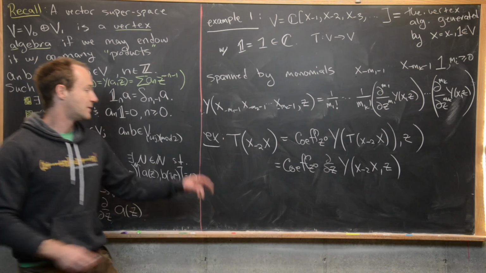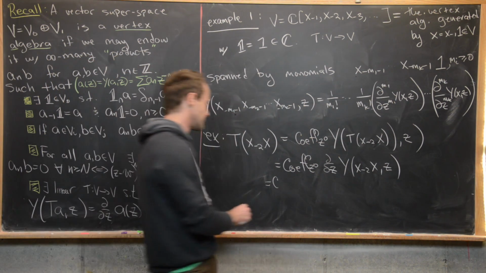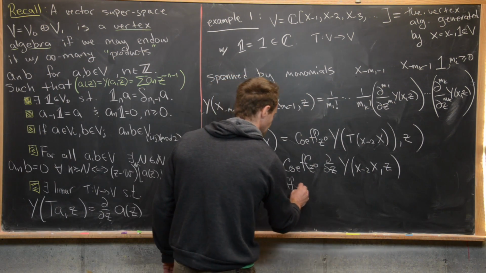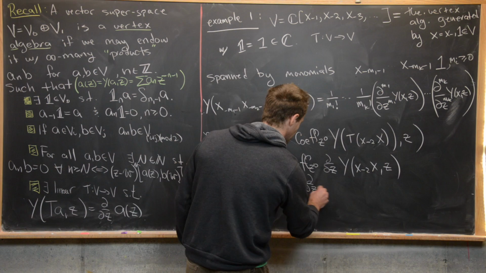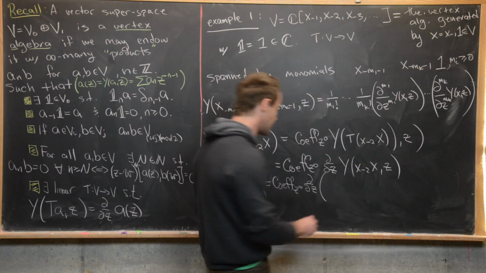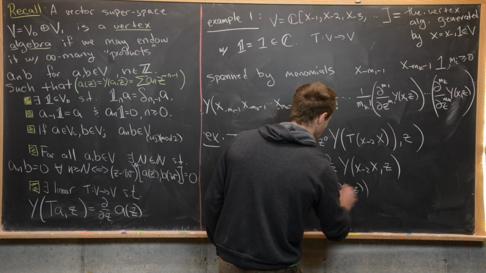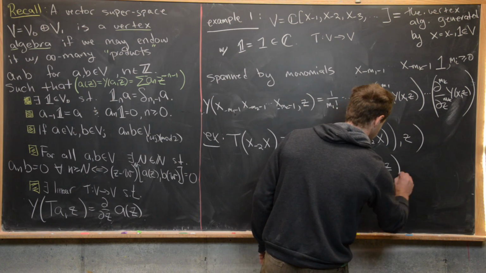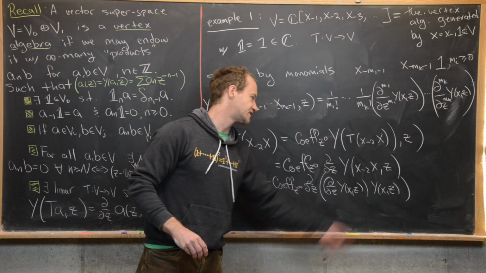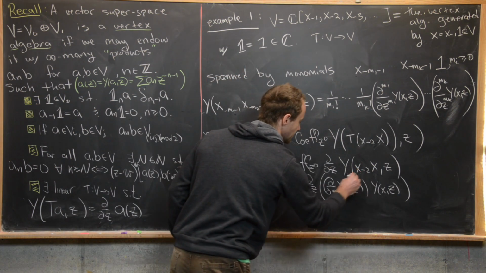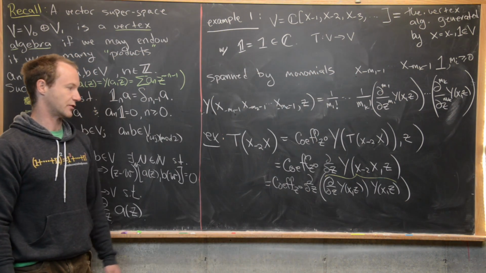Great. But the next thing we can do is split this up using our formula up here. So this is going to be the coefficient of z to the 0 power, in other words, the constant term of the partial with respect to z of y x z multiplied by y x z. Great. So where this y x minus 2 x z turned into this product by our definition of the general vertex operator up here.